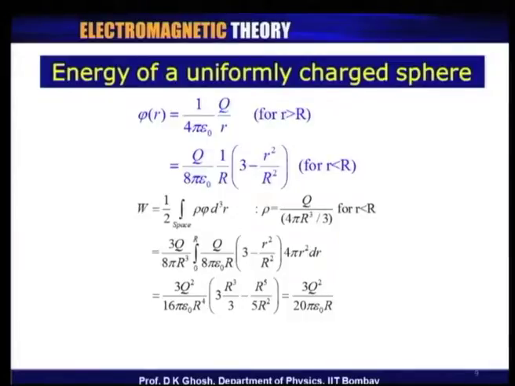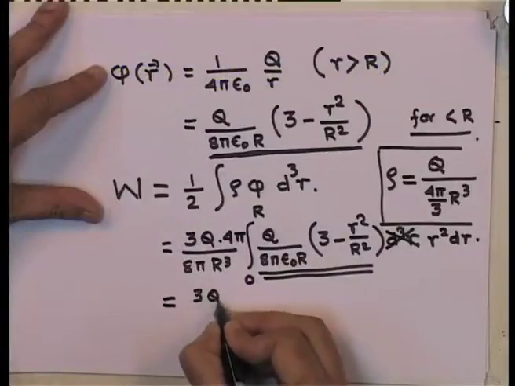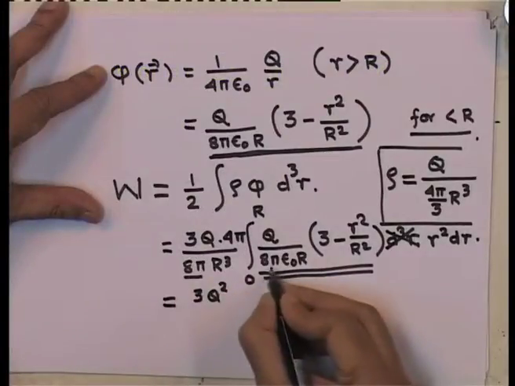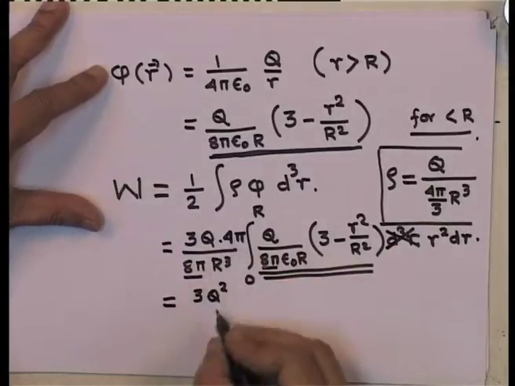Now, this integral is very straightforward to work out. So, I can plug in, here is 3 q square, I had 8 pi into 8 pi, that is 64 pi square there, 4 pi goes.